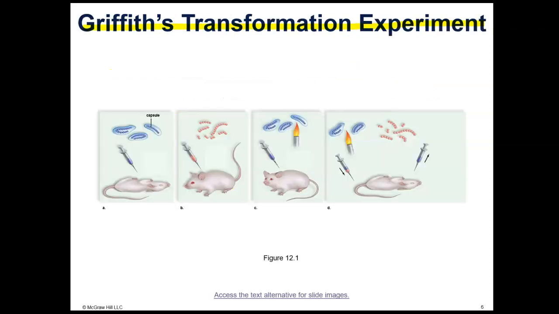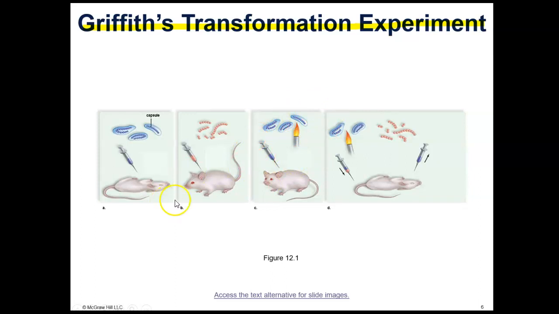Okay, so here we have the S strain, which is the blue bacteria, injected into the mice, they die. The R strain, which doesn't have a capsule around it, injected into the mice, they live. So then he heat killed the S strain.